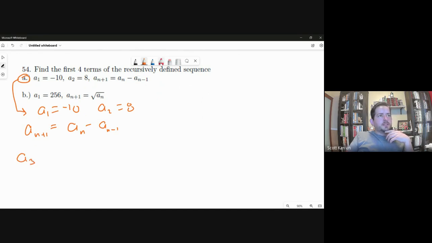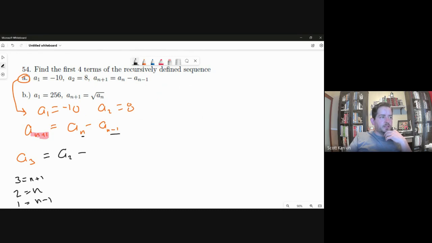If I'm looking at this, though, this is defined by a sub n plus 1. So that means 3 is my index of n plus 1. But if I subtract 1 from both sides, then I get 2 on the left, and I just get n on the right. And if I subtract 1 more, then I get 1 on the left and n minus 1 on the right. And so a sub 3 is, n is 2 now, so this is a sub 2.